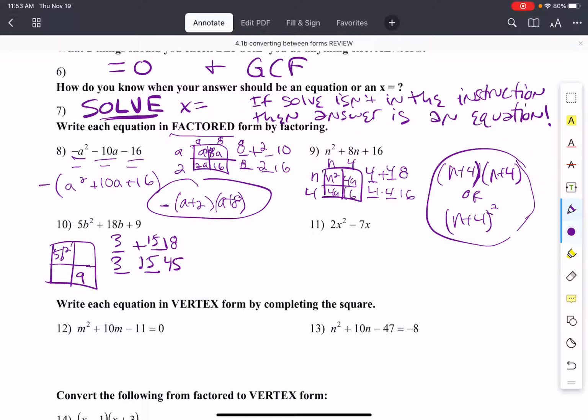Okay, so 3b, 15b. Then I pull out my greatest common factor. That first row is b. Second row is 3. First column, what is the GCF for the first column? Anyone?